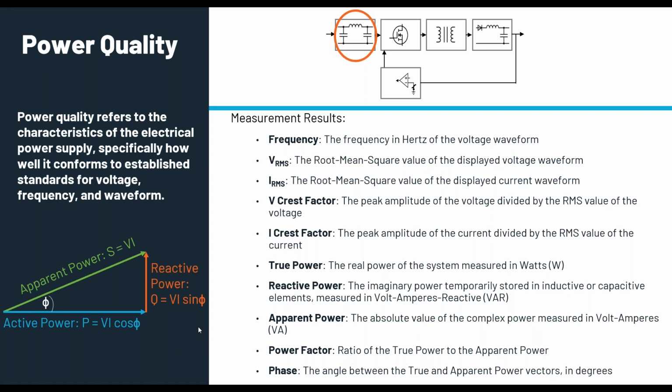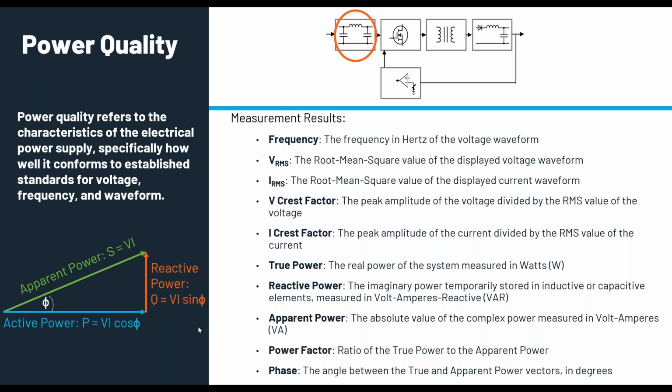So it consists of an input filter, a rectifier section which converts the AC signal into a high voltage DC, and it's very important to measure the characteristics of the signal to understand the power and also the many power factors of the input side. So for doing this, we have to capture both the voltage and current waveforms from the input section with appropriate probes. We will talk about which probes to be used and how we capture that in the later section.